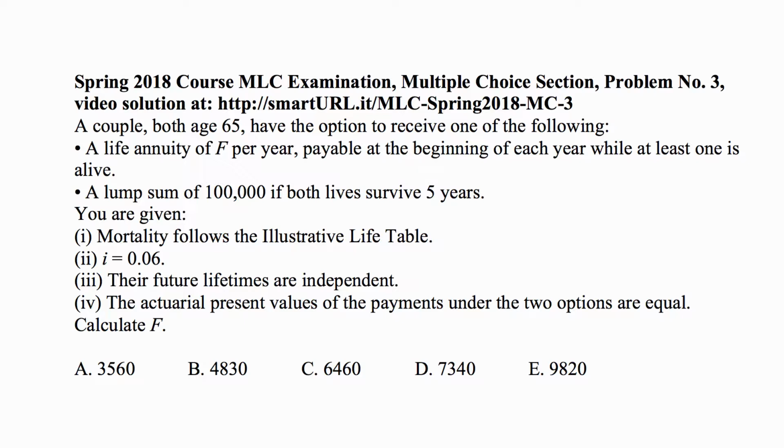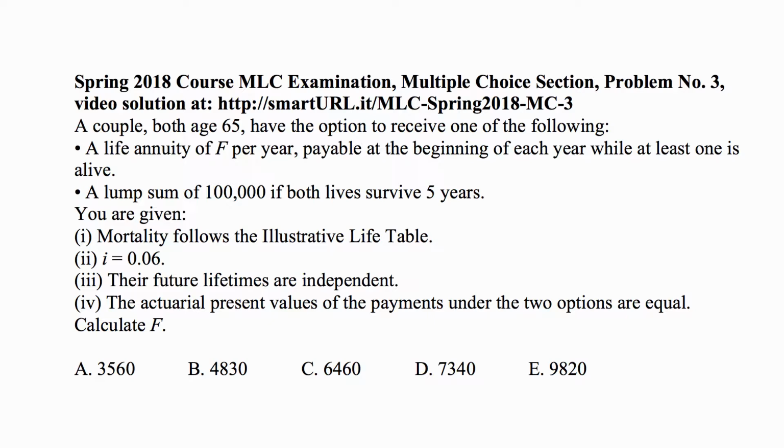Here's problem number 3 from the last exam MLC from late April 2018, and since these topics are also on the long-term actuarial models exam that starts in the fall this year, 2018, it's an exercise for exam LTAM for today, May 24th, 2018.